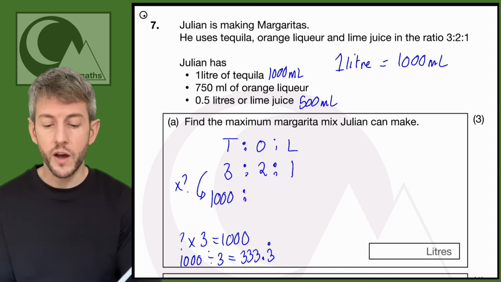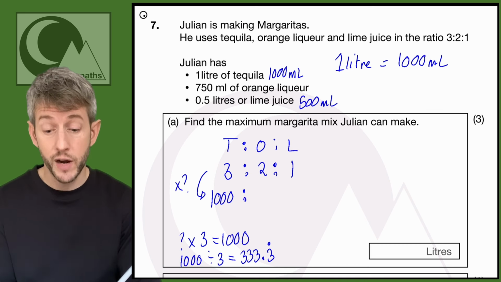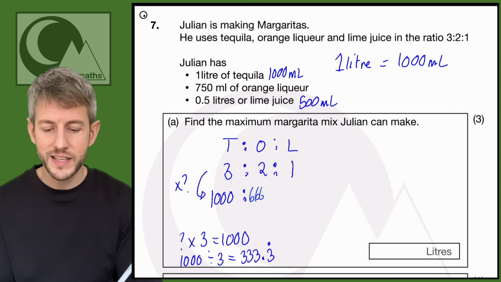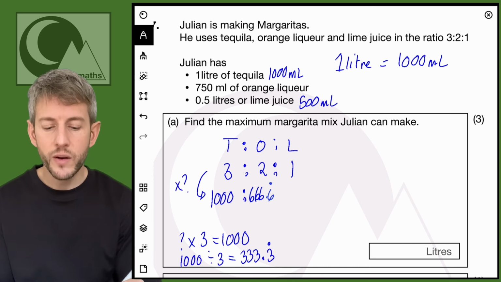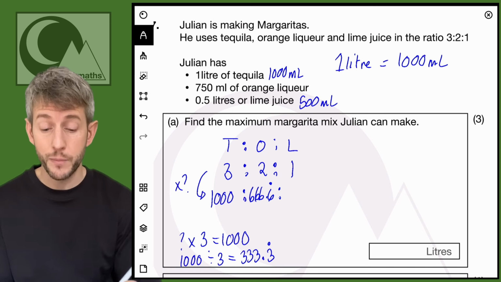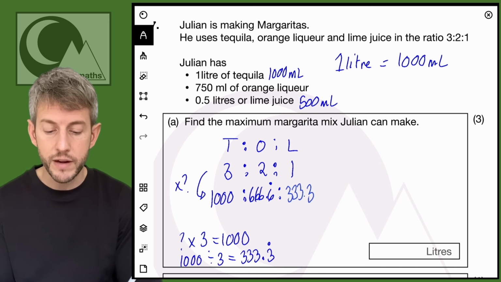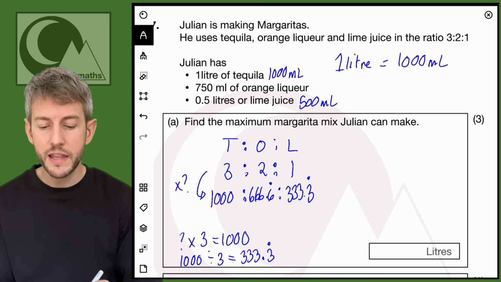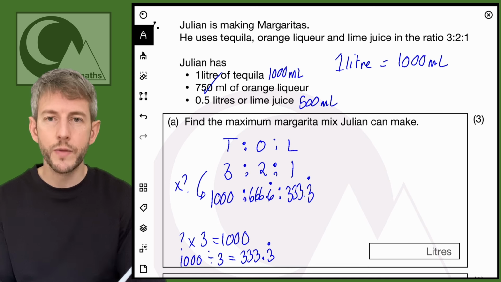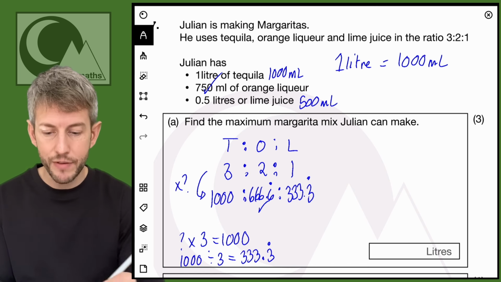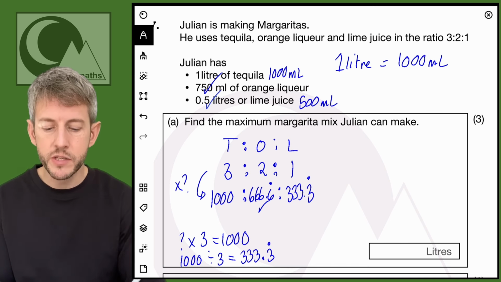So 2 times 333.3 recurring gives me 666.6 recurring. And then 1 times 333.3 recurring gives me 333.3 recurring. I can see that I have enough orange liqueur to do this, and I have enough lime juice to do this.